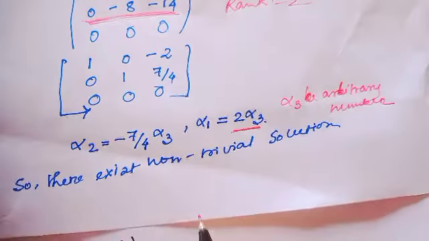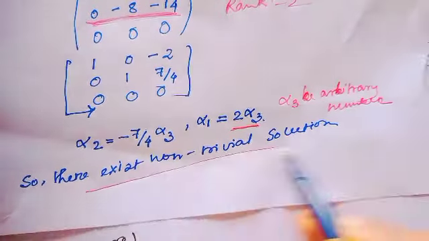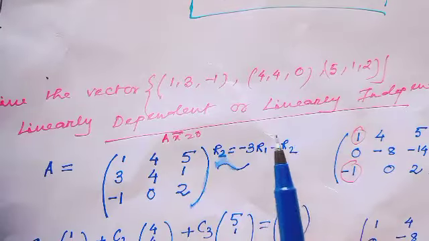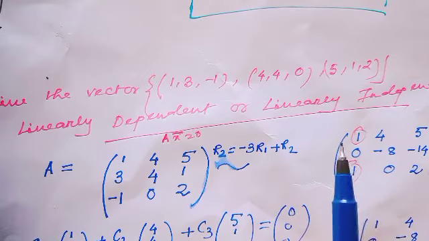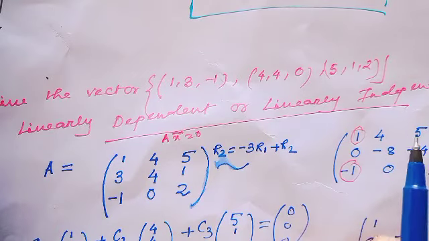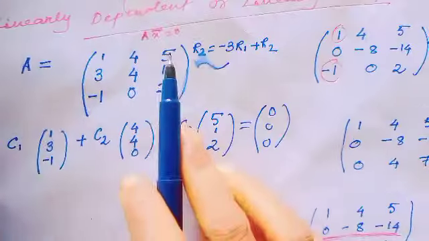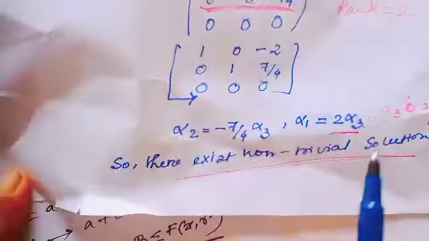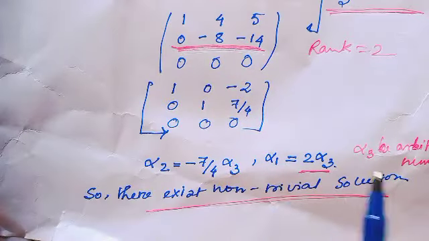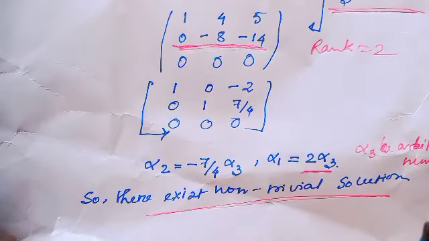So there exists a non-trivial solution, meaning our given vectors are linearly dependent, and since the vectors are linearly dependent, this homogeneous equation has infinitely many solutions. Are you getting it clearly?